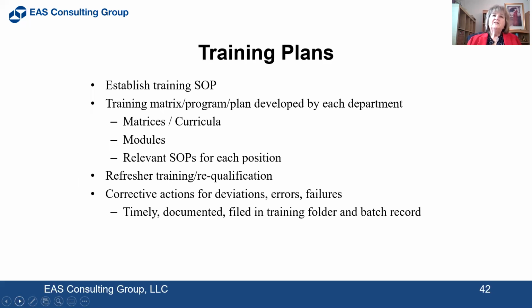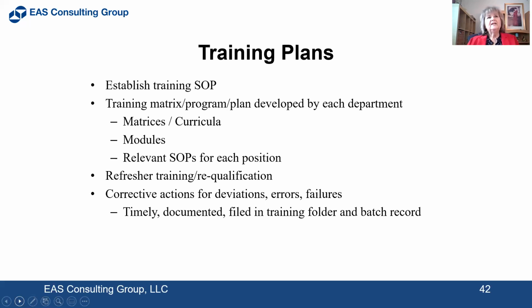So the first thing you need to do for your training plan is establish a training SOP and have that in place. You want to establish a training matrix that is different for each department, has different modules, matrices, and relevant SOPs for each position. It's not important that a beginner chemist knows every single SOP in the laboratory.